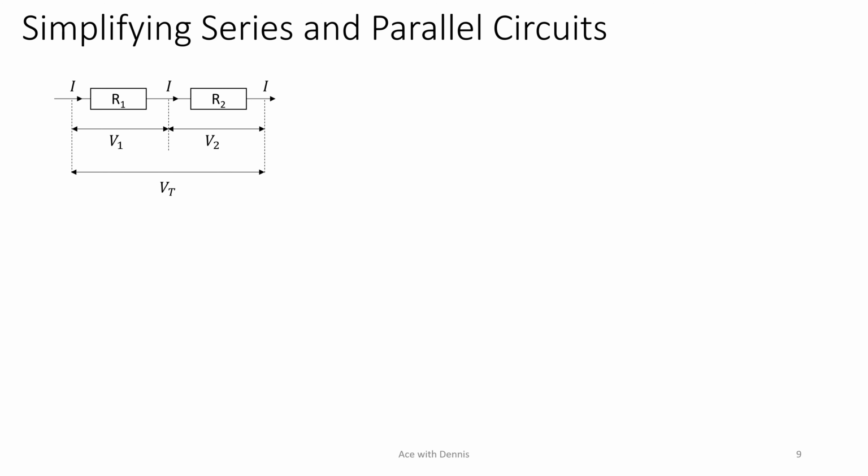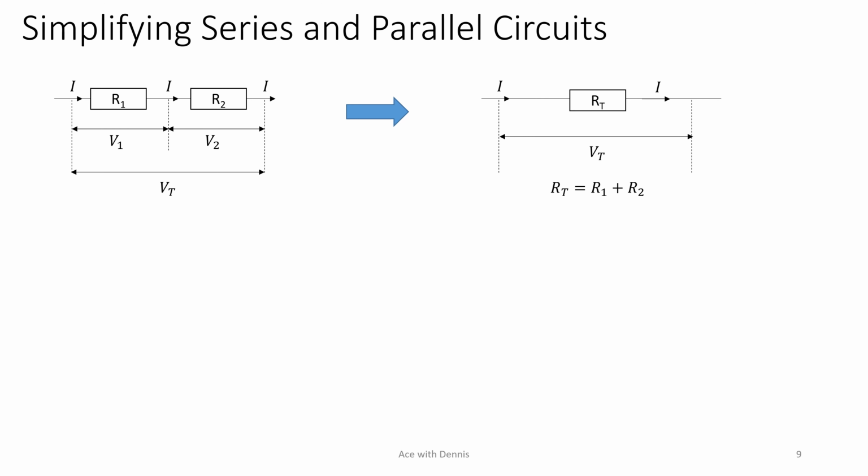Hence, the total potential difference is Vt. We can simplify this circuit into one resistor with the value of R total, the current I, and potential difference Vt. The total resistance is R1 plus R2. The total voltage, or total potential difference, is V1 plus V2.